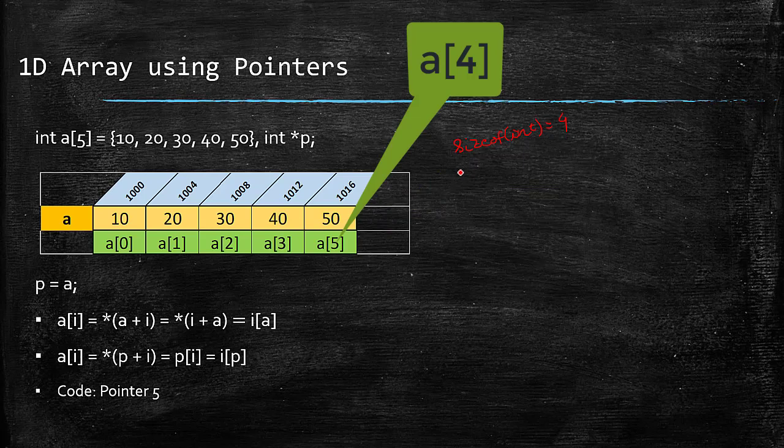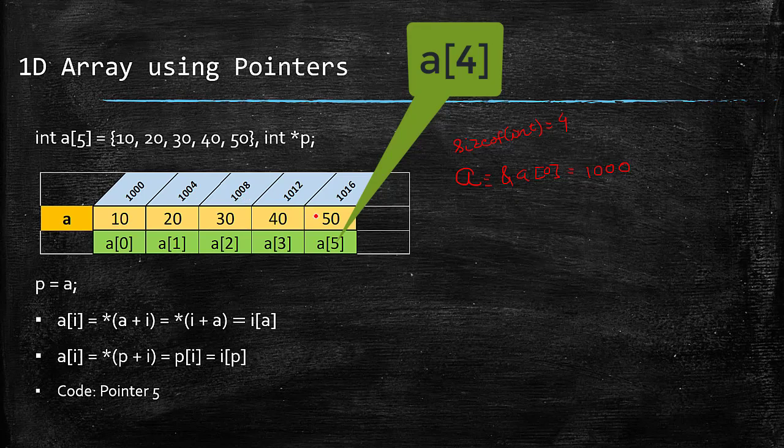If I ask what will be the value of A, remember A is the base address and it is a constant value. The base address in a 1D array is equivalent to the address of the A0 cell. From the diagram, the address of the A0 cell is 1000. Similarly, the address of the A1 cell is 1004, the address of the A2 cell is 1008, then 1012 and 1016.